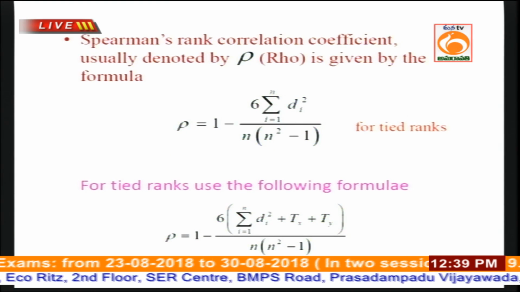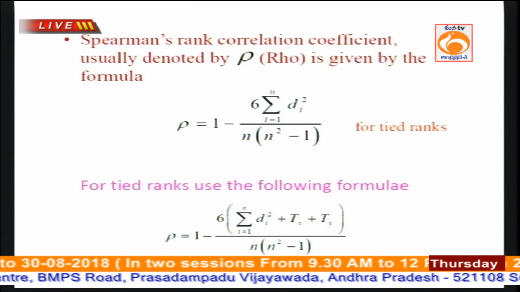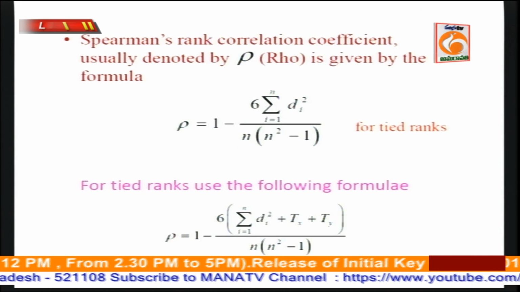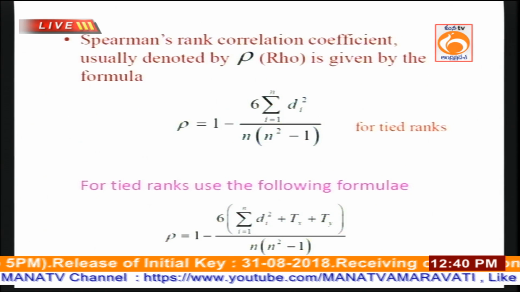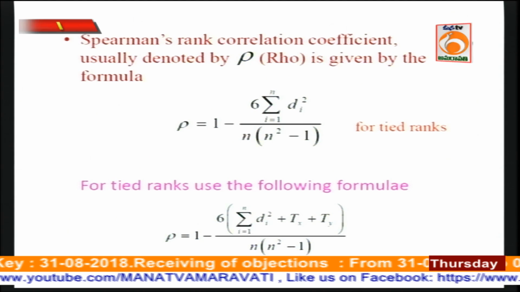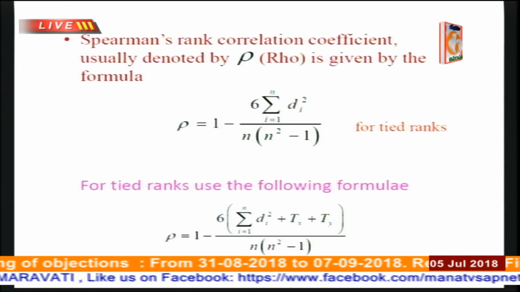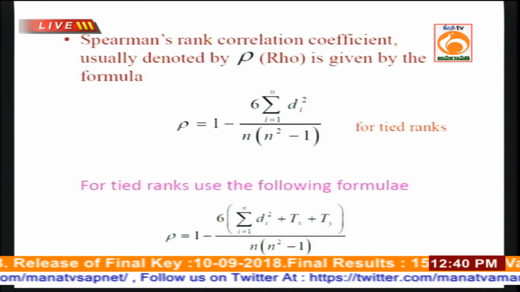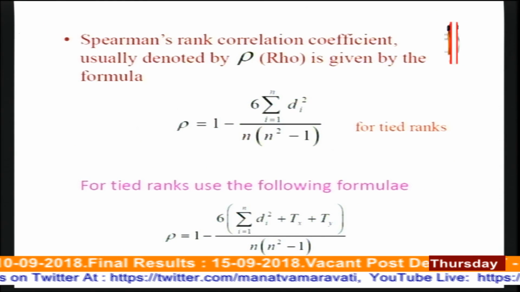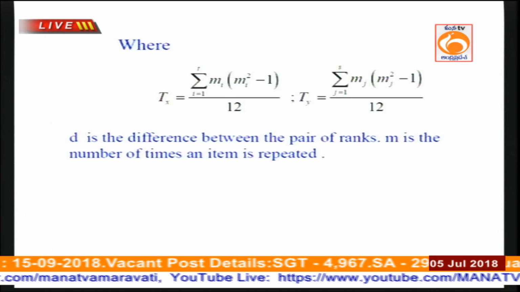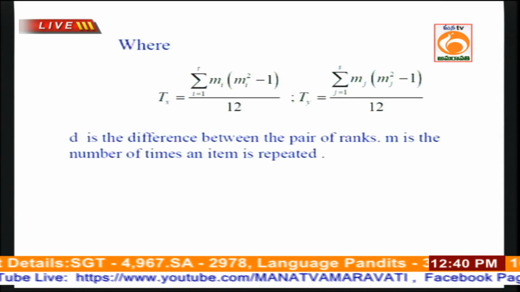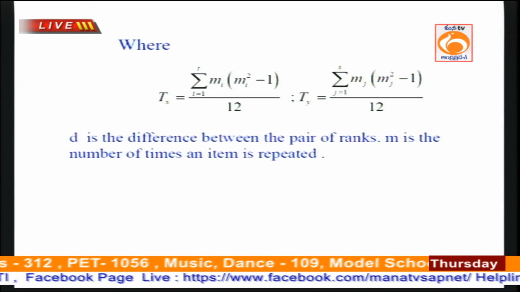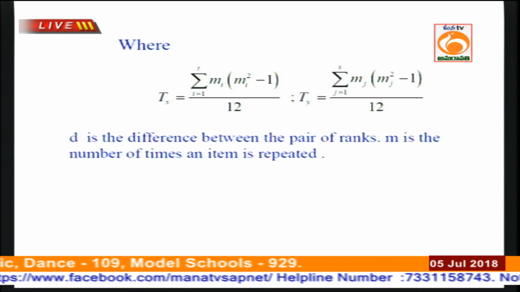Rho is given by the formula rho equal to 1 minus 6 summation d square by n into n square minus 1, for untied ranks. For tied ranks, use the following formula: rho equal to 1 minus 6 times summation d square plus tx plus ty, by n into n square minus 1. There is a small correction in the formula.